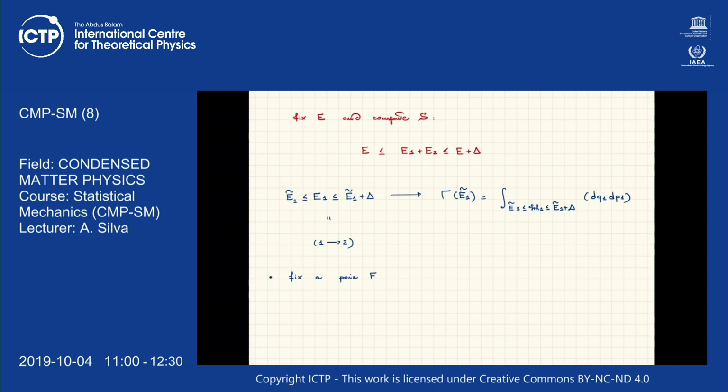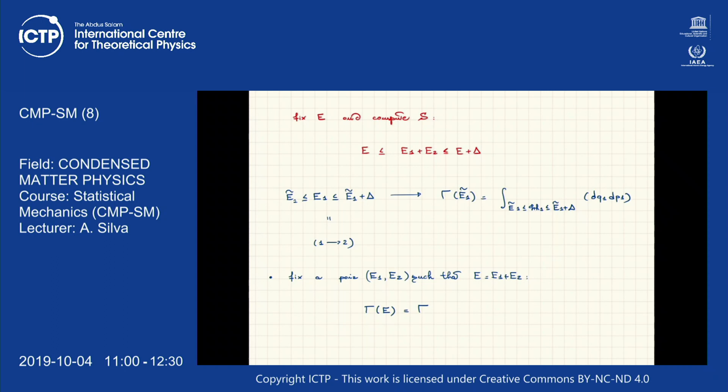If I fix a pair of E1 and E2 such that E is equal to E1 plus E2 up to delta, then the total phase space volume of the total system, gamma of E for this pair, would be equal to the product of the two phase space volumes.